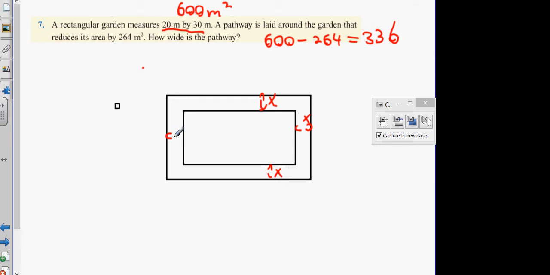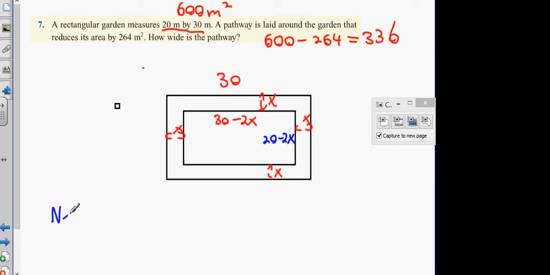So what we used to have was 30, but take away 2 x's, so 30 minus 2x is now the length of the garden, and 20 minus 2x is the width of the garden. Sort of similar to the one we did yesterday.